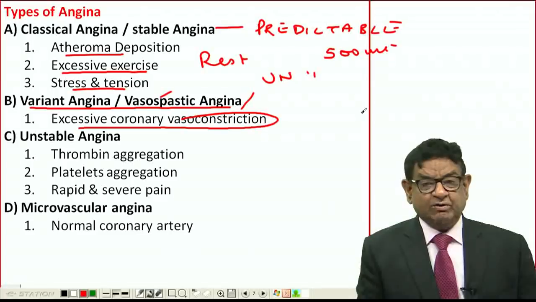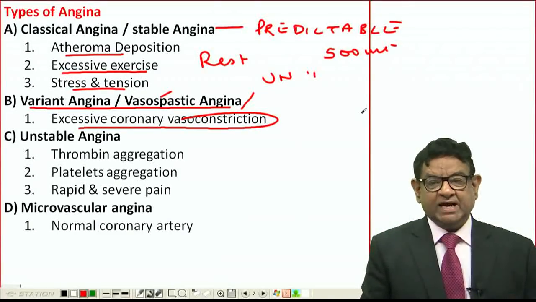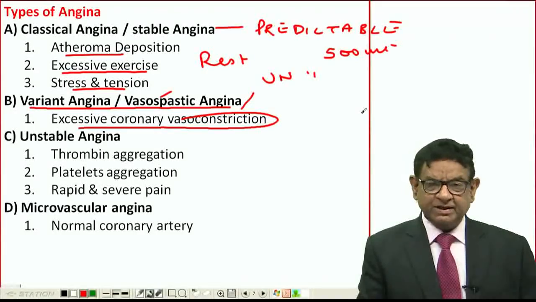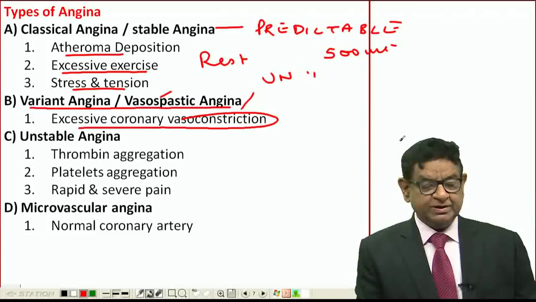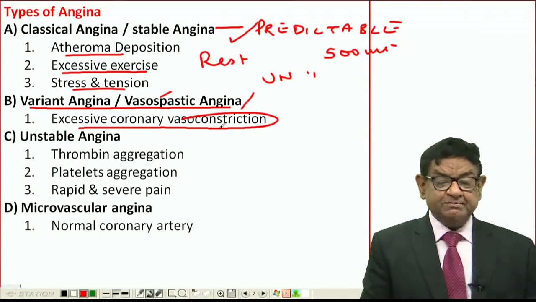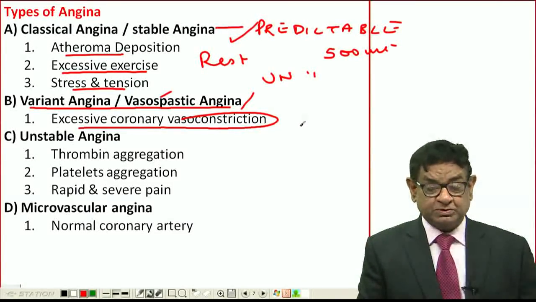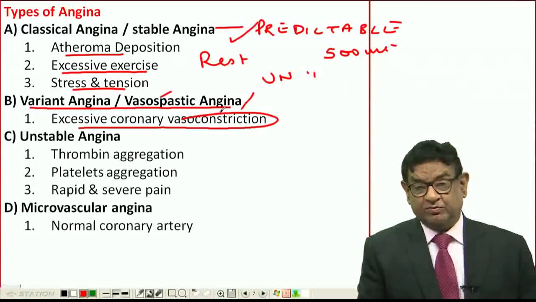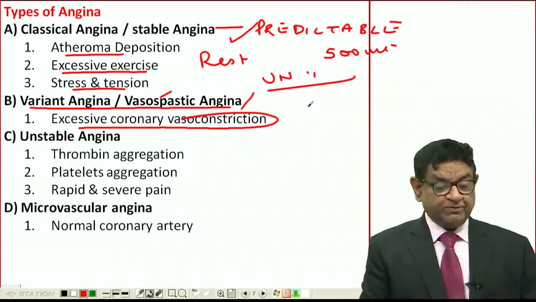Or maybe he's climbing the stair, he says, when I climb 100 stair I get pain. So he knows after climbing the 100 stair I'll have pain. So he has a predictable type of pain. But spasm can occur anytime, any moment. Even spasm may occur at rest also. That's why we never know when the pain will happen. So we call as unpredictable type of pain.